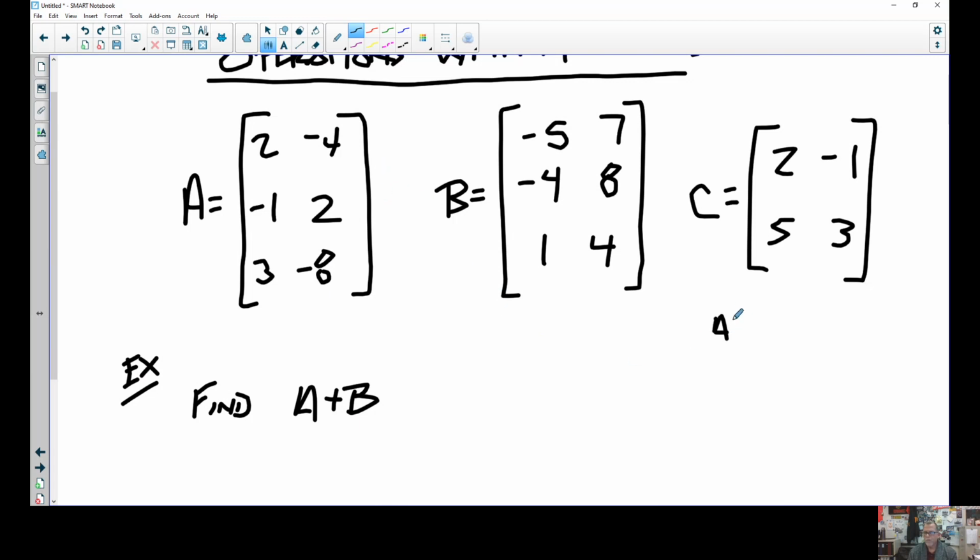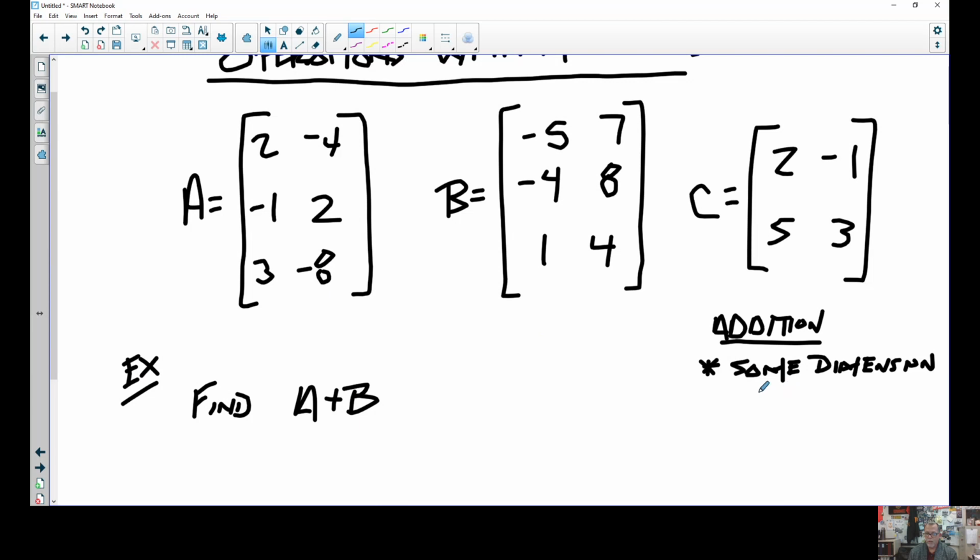With addition, the most important condition, really the only true critical condition, is they have to be the same dimension. If they are not the same dimension, we cannot add them. They have to be the same dimension to do addition.